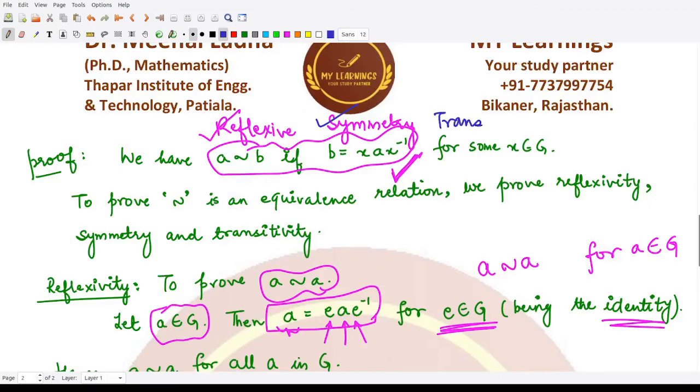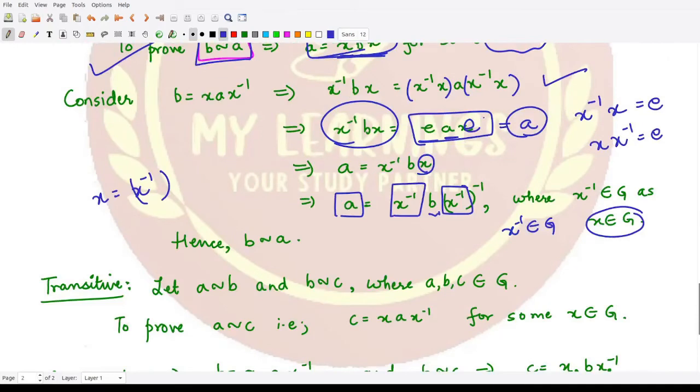Next we wanted to prove the transitive property. Now what is this transitive property?